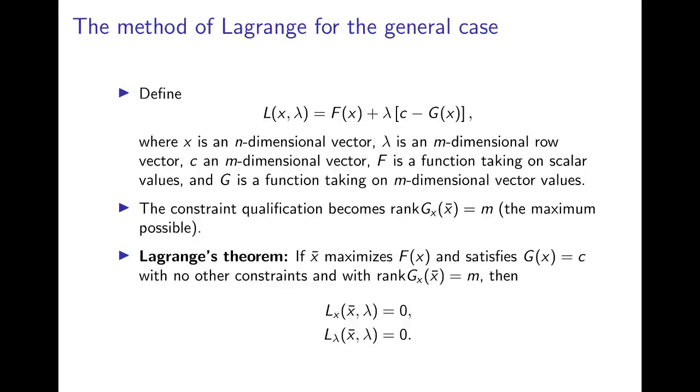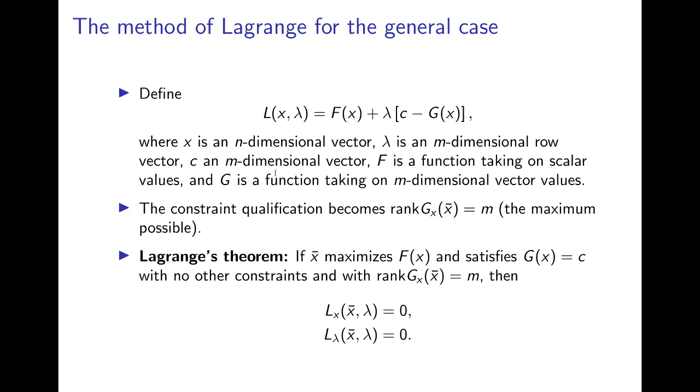We can then use the vector notation again, as I already said, to write down the Lagrangian function, which looks similar as before. But we just notice that now x is an n-dimensional vector. When we just say vector, we always refer to a column vector now. Lambda is an m-dimensional row vector.